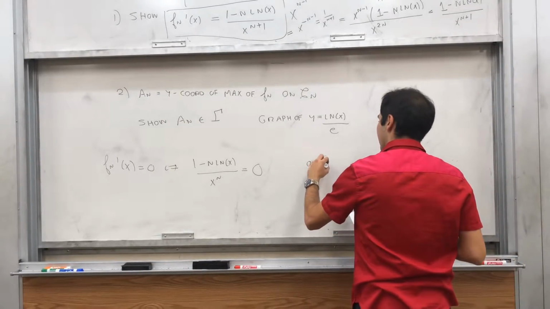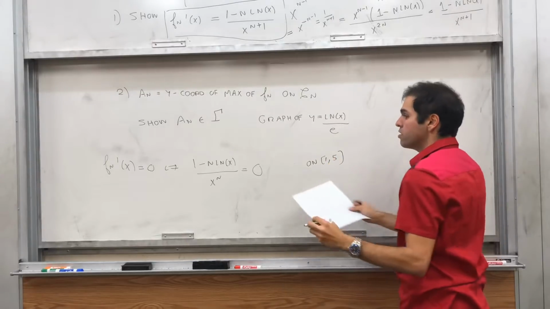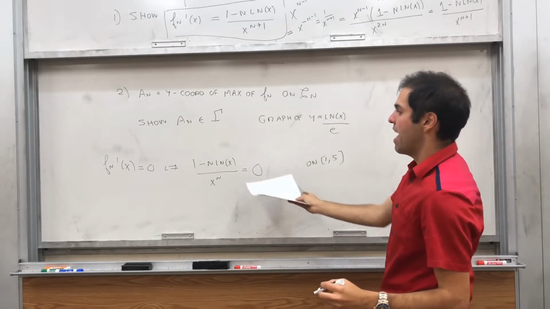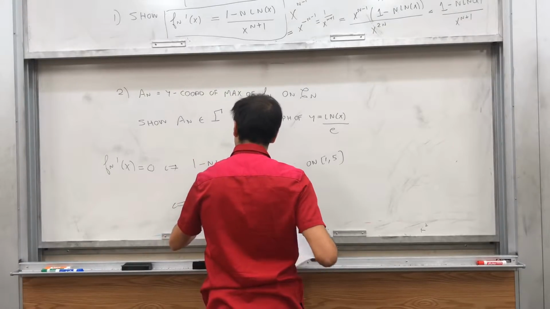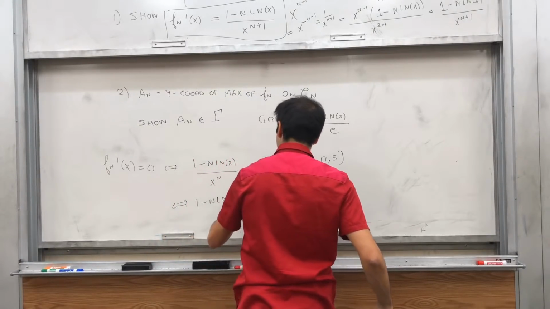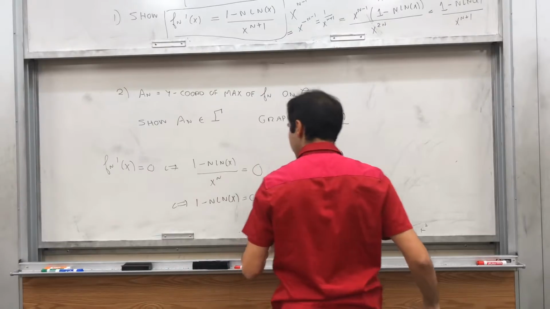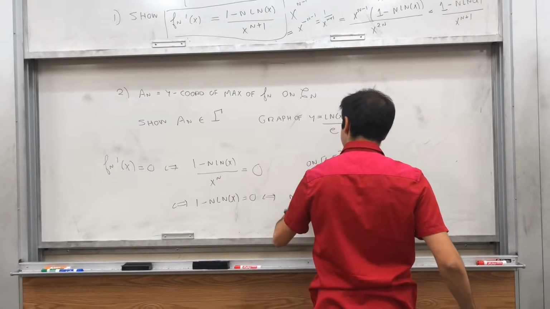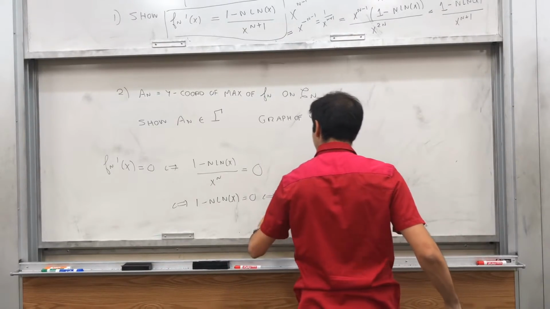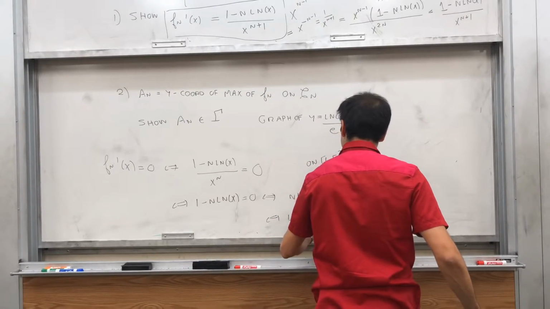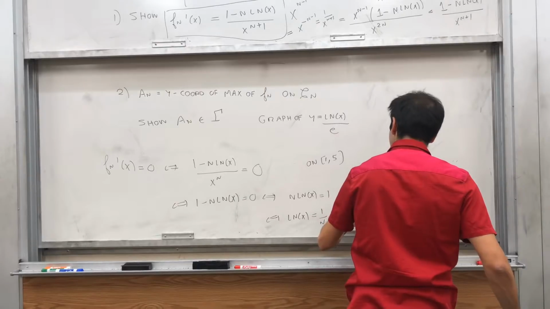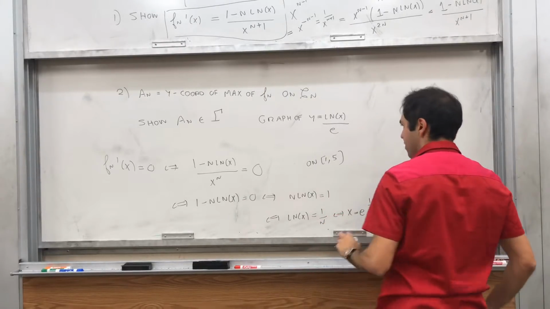So in other words, we can literally multiply by x to the n plus 1, and that's the same thing as 1 minus n ln of x equals 0. That's the same thing as saying n ln of x equals 1, and then ln of x equals 1 over n. So x equals e to the 1 over n.